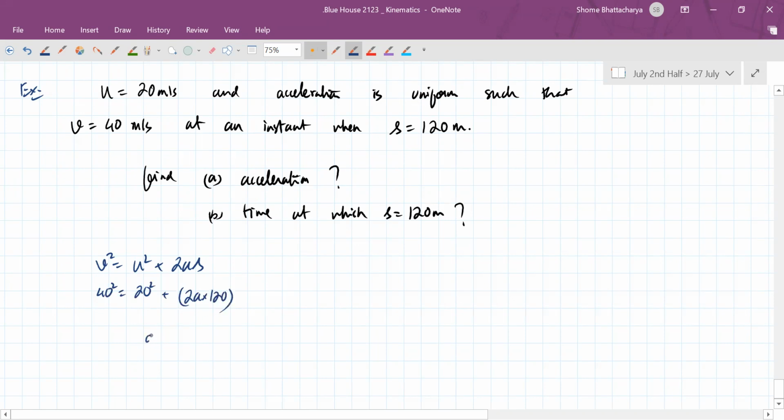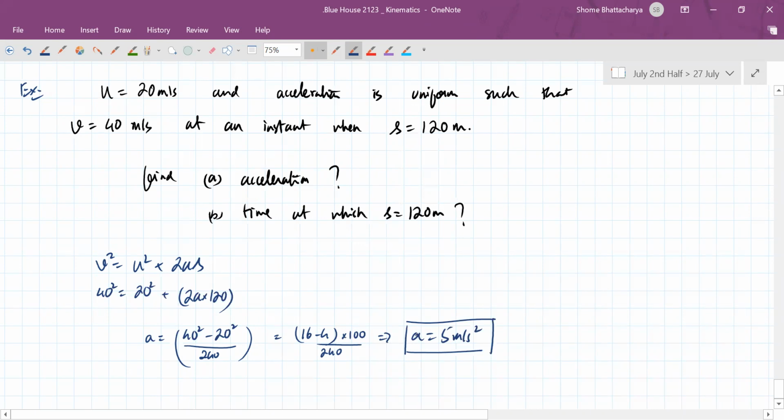So we can take v square minus u square, which will be easier. So v square minus u square is equal to 2as, right? See, acceleration comes out to be 5 meters per second square, right?